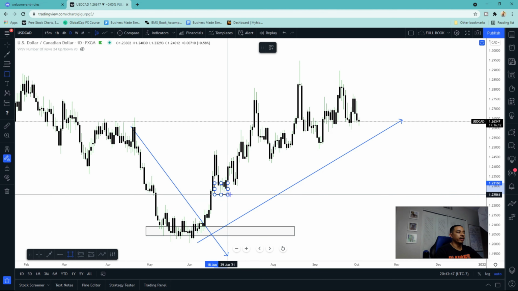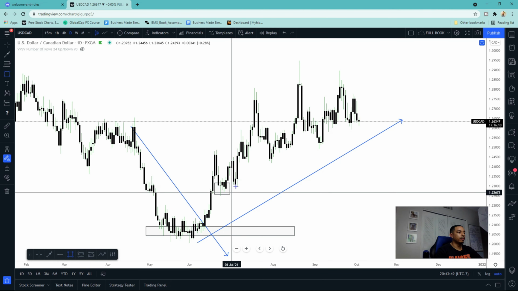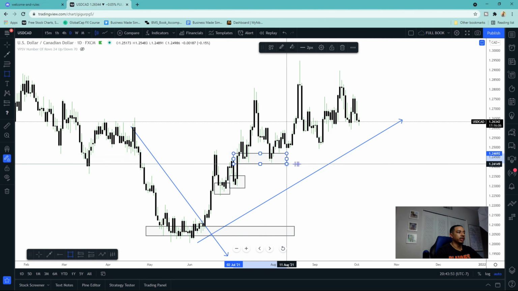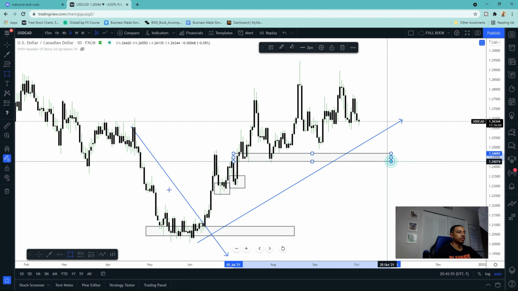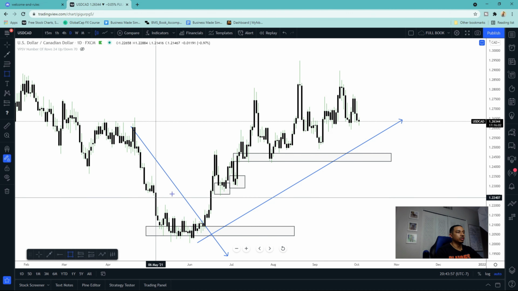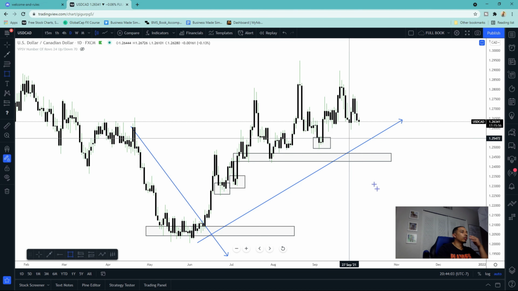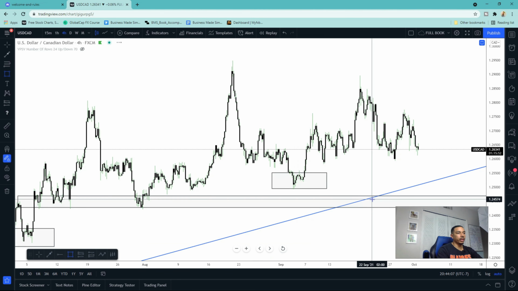Now you have higher low situations. You got new levels of support, and then you got another higher low right there. So what I'm thinking is that price, let me go down to the 4-hour.